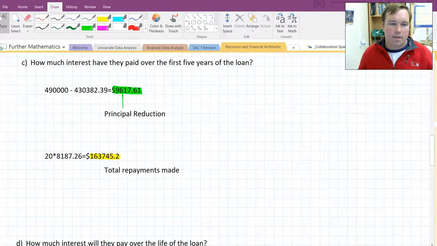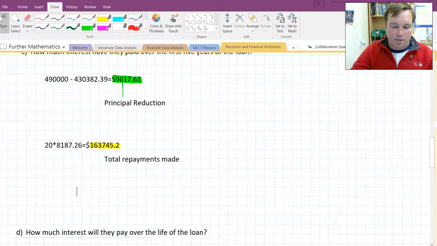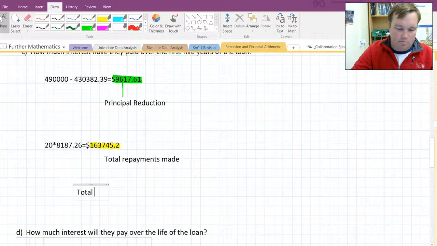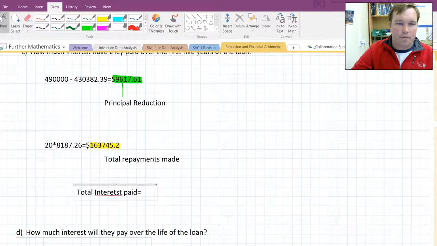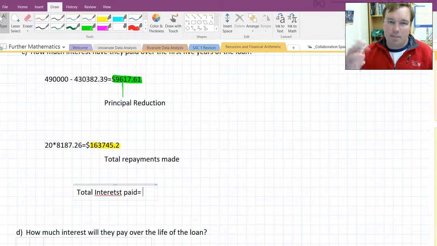All right. Then we want to work out total interest paid is equal to the principal reduction, the difference between them.